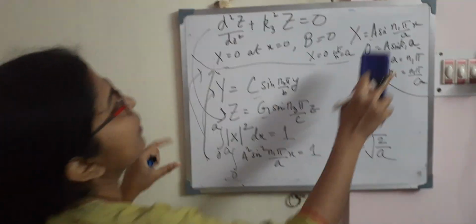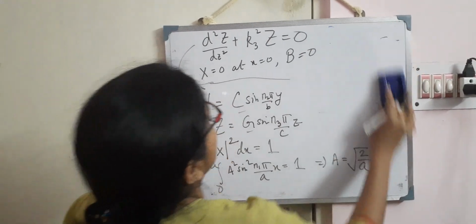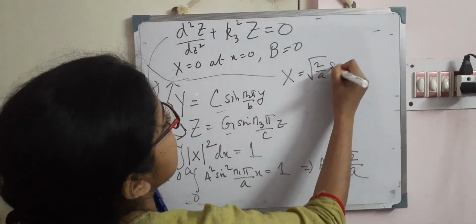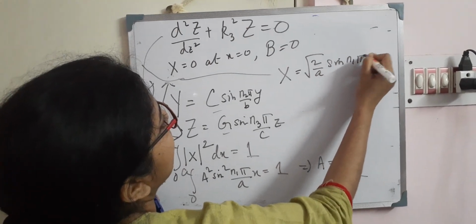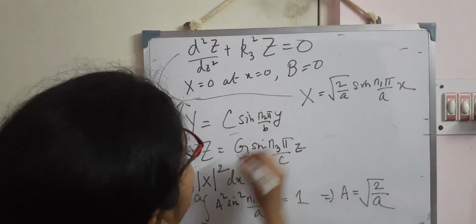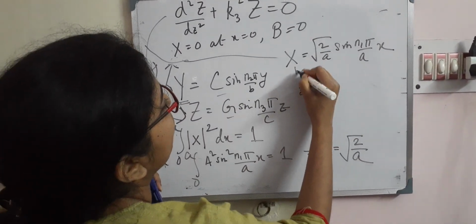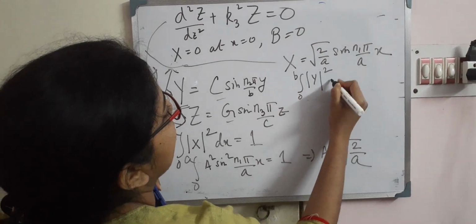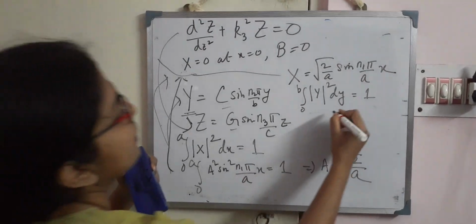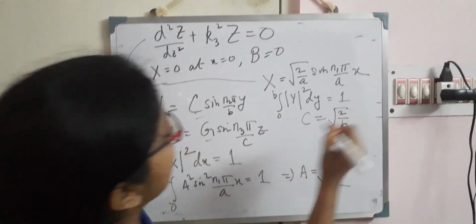So now X will look like root 2 by a sine n1 pi by a x. Similarly, if I apply the normalization condition for Y, that integral from 0 to b of mod Y square dy is equal to 1, this will give me the constant C as root 2 by b.